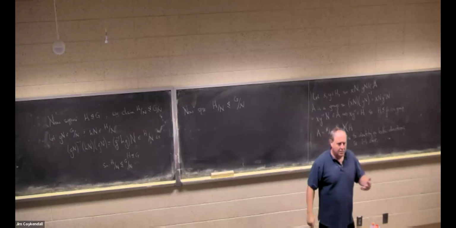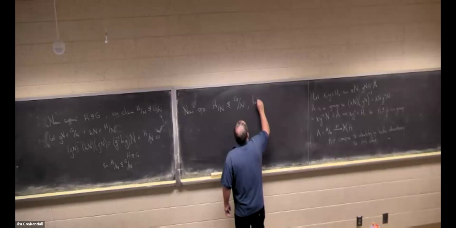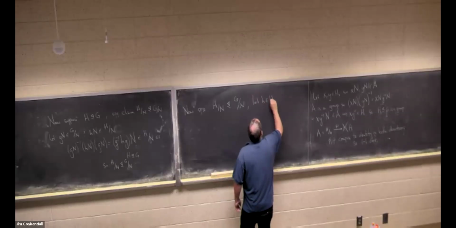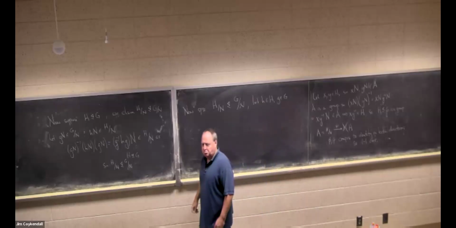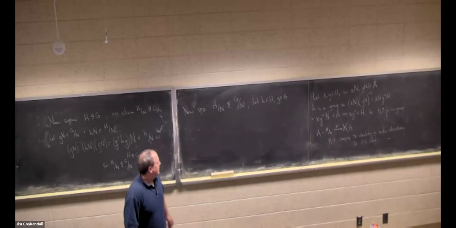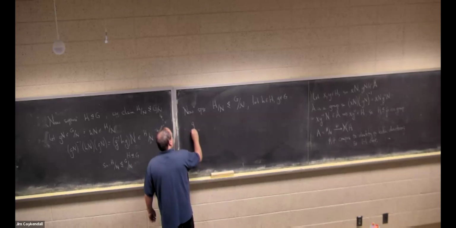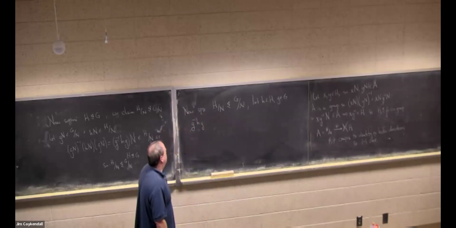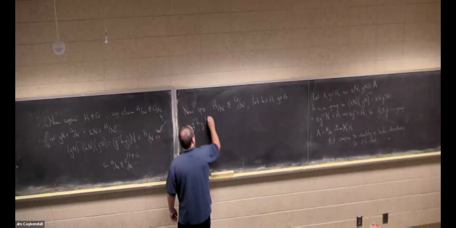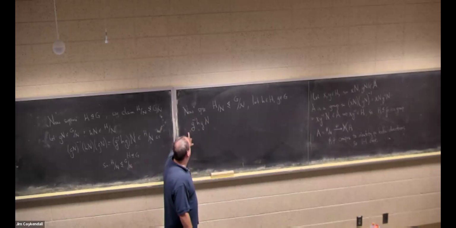I need now to convince myself that H is going to be normal. So let H be in H, G be in G, and consider this coset here.